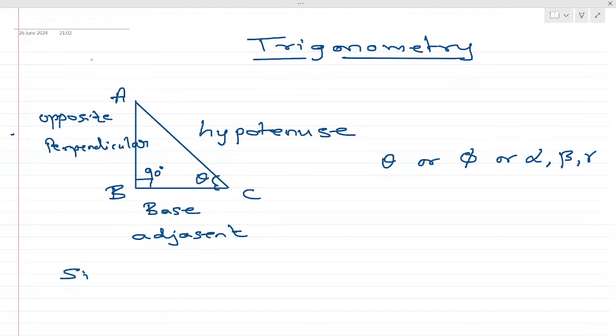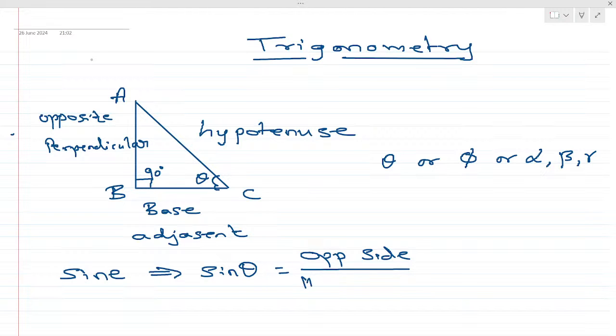They are sine, which can be simply termed as sin, with reference to the angle theta, C. Sine is the ratio of the opposite side divided by the hypotenuse. Which means from C, the opposite is AB and the hypotenuse is AC.